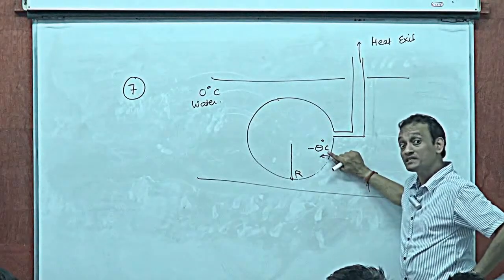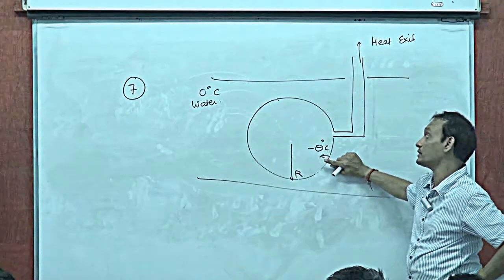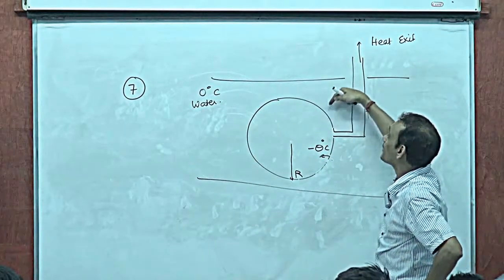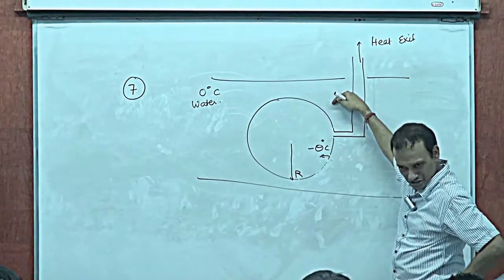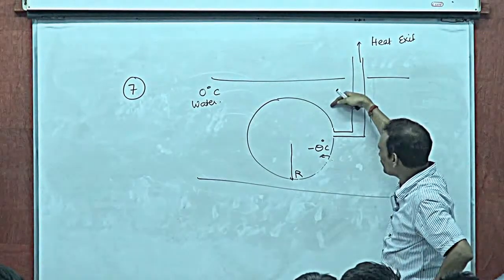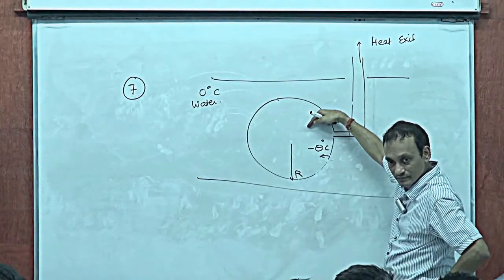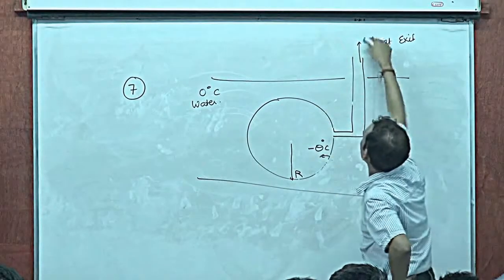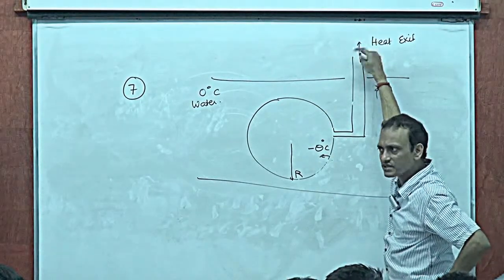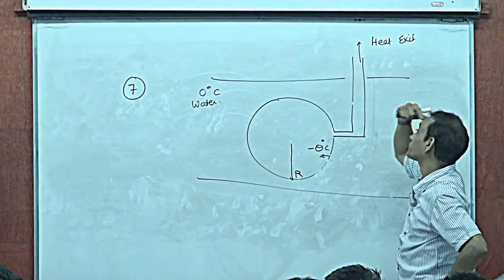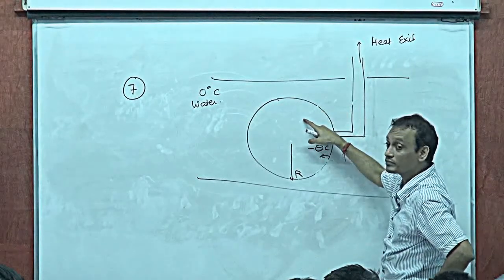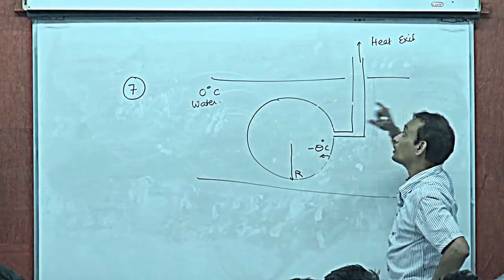Now, when this is maintained at minus theta degree centigrade, the outside is maintained at a higher temperature, 0 degree centigrade. So heat will flow from outside to this. The extra amount of heat, of course, is thrown out. There is a heat exit through this. But while heat flows from there to here, what would happen?